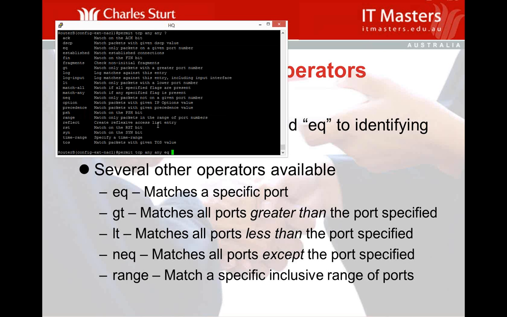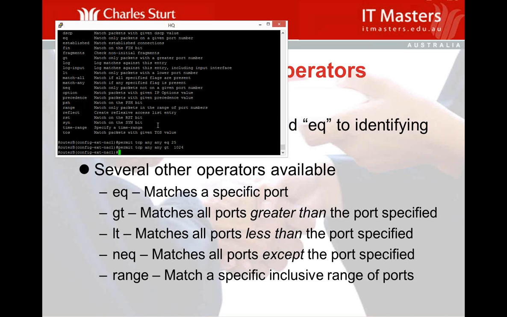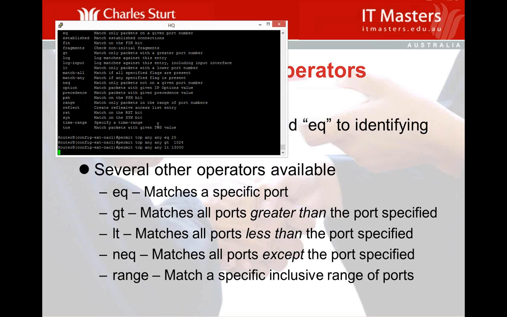So we could say equals 25, so equals SMTP. We could then say greater than 1024, so all ephemeral ports. We could say less than, and again some of these will overlap, but I'm just doing them as an example. So anything less than 13,000.